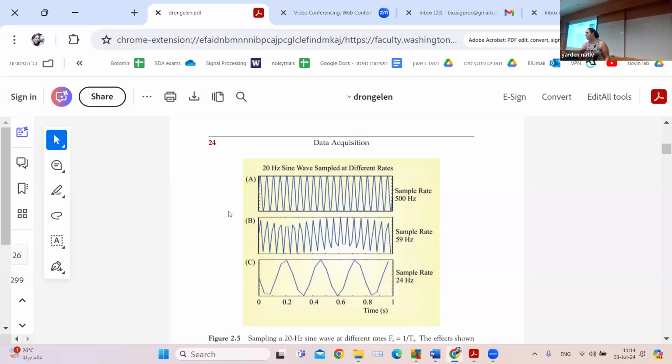Theoretically, yes. But since it is impossible, we need to understand that we might always have aliasing at some level. Right, it's still not the best. So let's say that 3 times it's okay. 4 times it's like a safe zone.